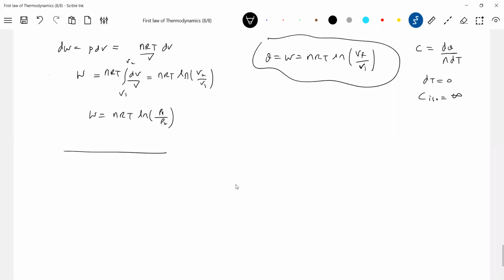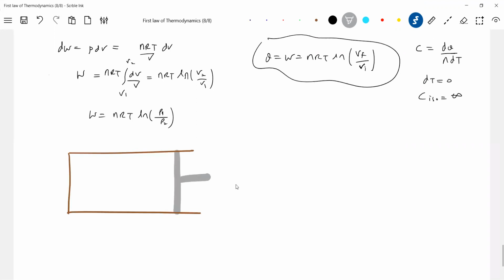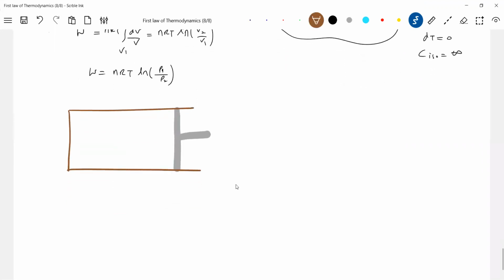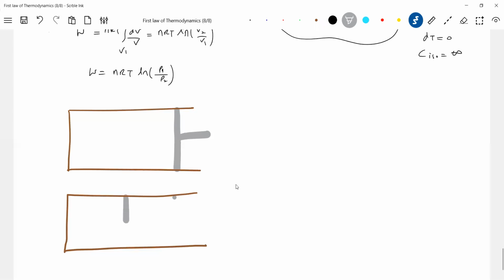Now let me bring a situation for you so that it will be easy. So there's a piston. An external agent will move this piston gradually.